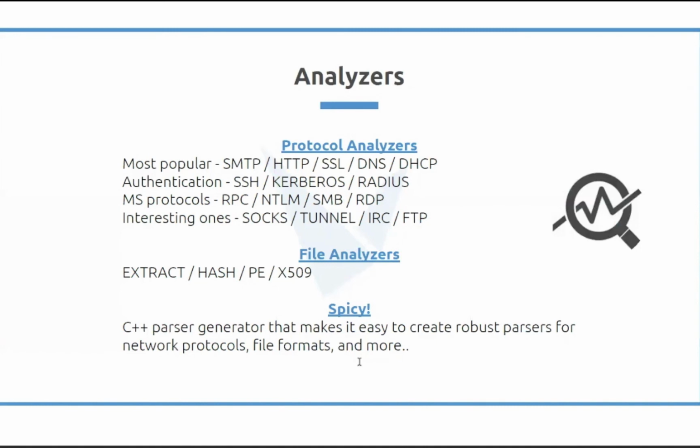Analyzers. Zeek has different analyzers for analyzing and parsing the protocols. The most popular ones are the protocols that we usually see in our traffic, which the majority of our traffic consists of. So SMTP, HTTP, SSL, DNS, DHCP are some of the most popular protocol parsers that Zeek is capable of parsing.